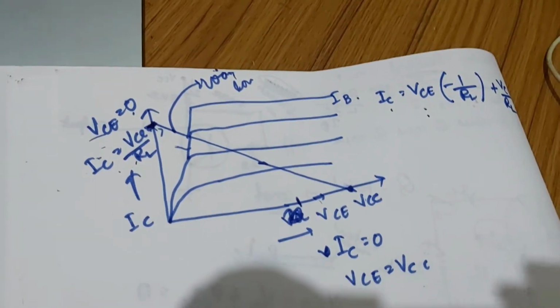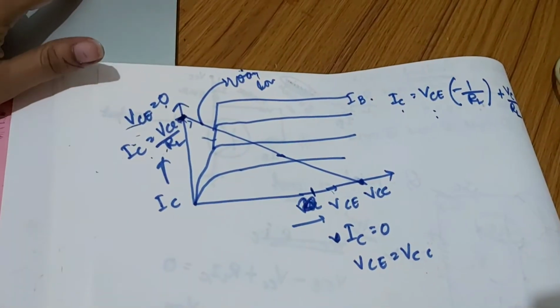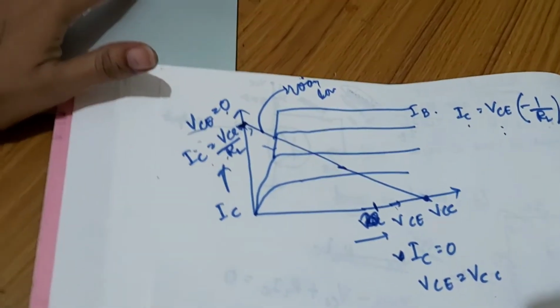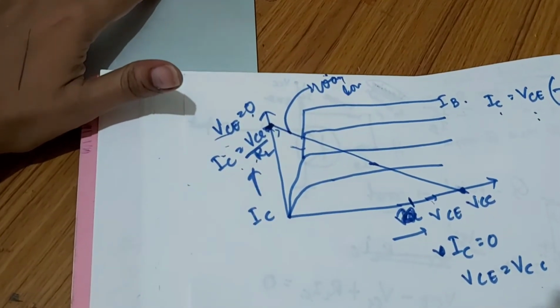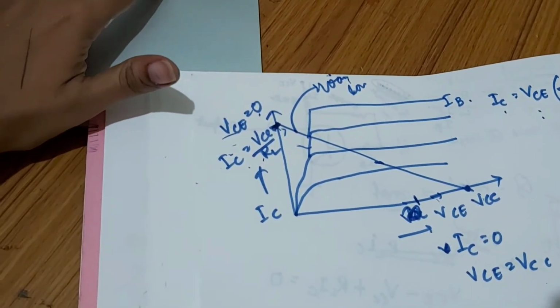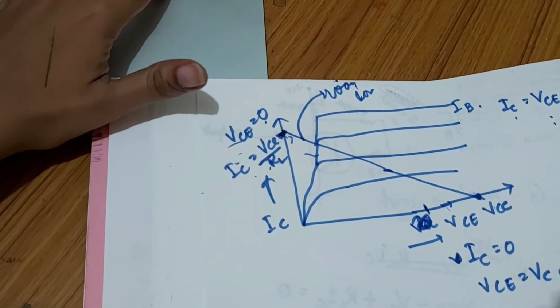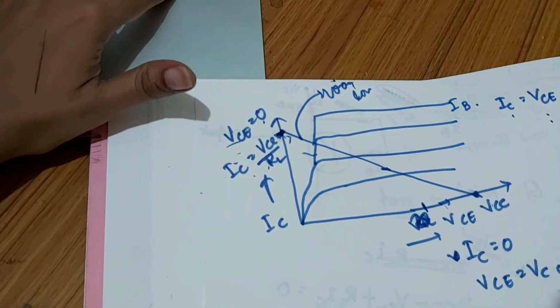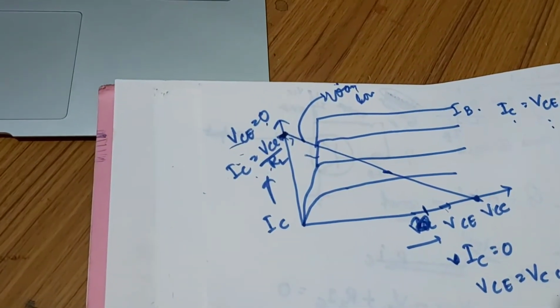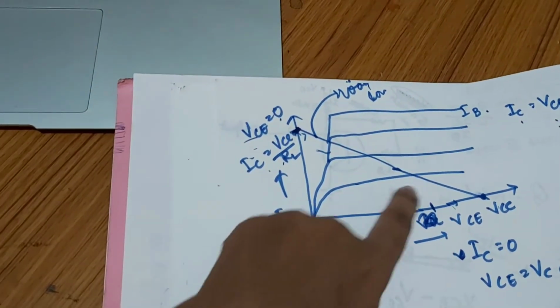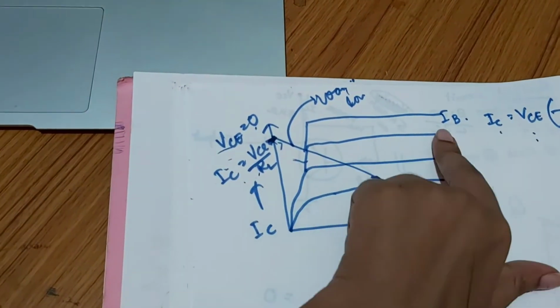Actually, the Q point lies on the load line and the Q point must be constant. So for any constant input base current, the collector current should be constant. These are the base currents.